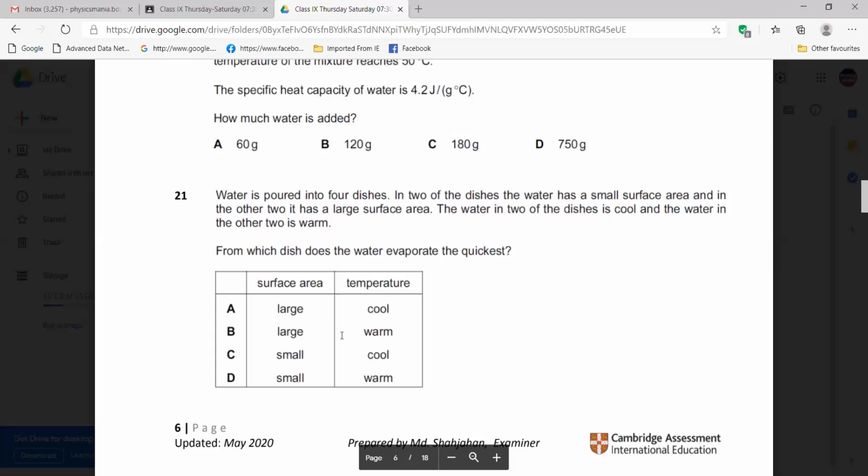So which one will you take from temperature for evaporating quickest? We'll take cool or warm. Sir, cool. Why cool? You already told if temperature is more, then evaporation is more. Oh, warm. Warm. So it's simple, right? This question is very simple.